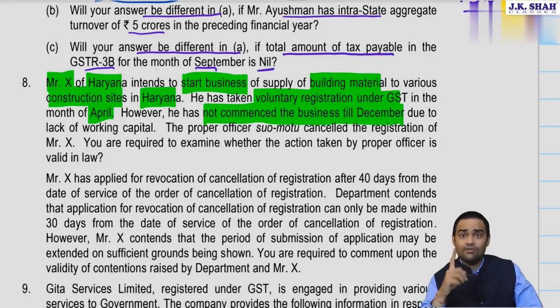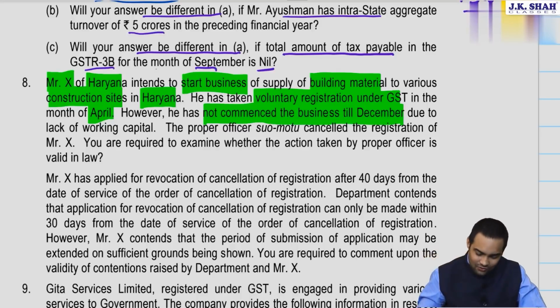People, you remember one of the reasons for suo motu cancellation by proper officer is if you have taken voluntary registration but you have not commenced business for 6 months. If you don't commence business for 6 months, then proper officer can issue a notice for suo motu cancellation under section 29. Fine, let's read it forward.